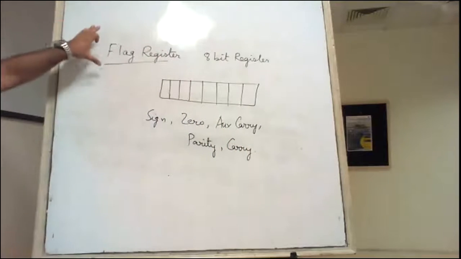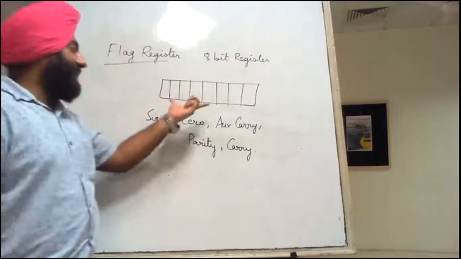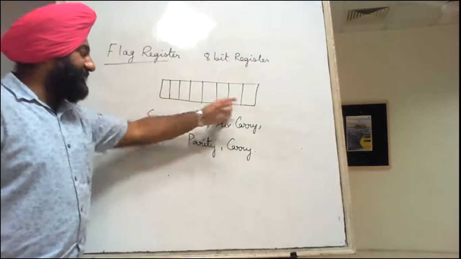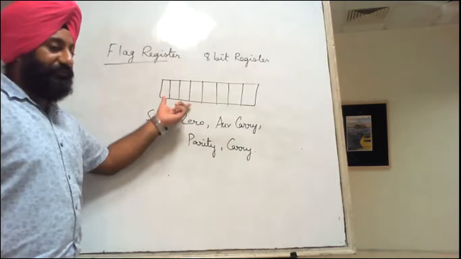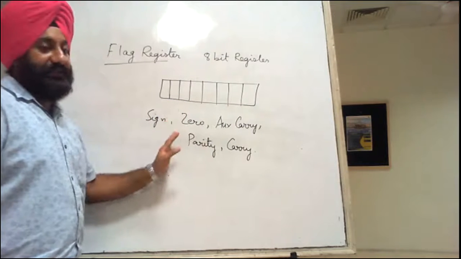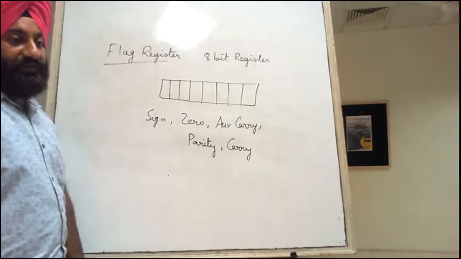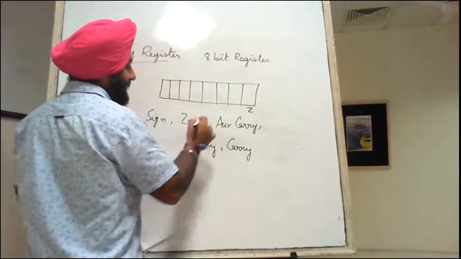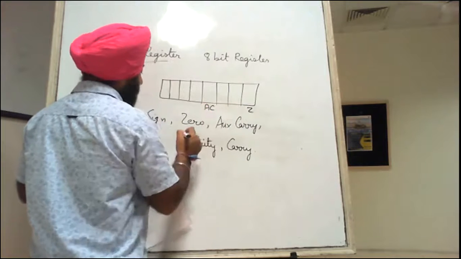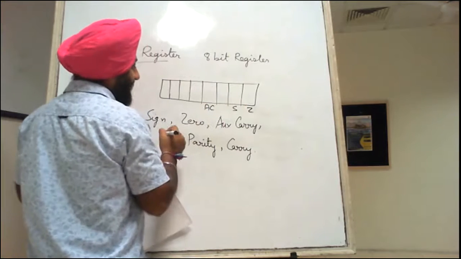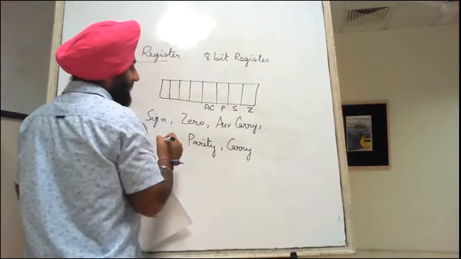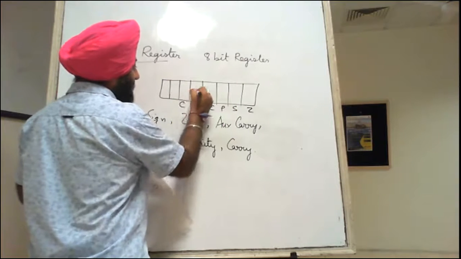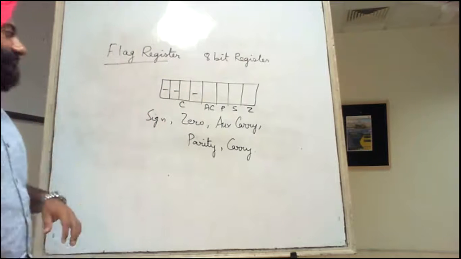I'm repeating again, the flag register is an 8-bit register whose 5 bits are used for these 5 flags: Z, AC, sign, parity and C, and the other 3 are left blank.